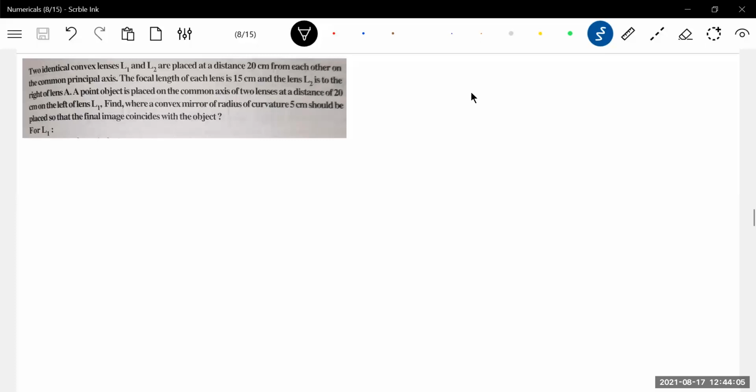This will be initial, very easy for you to recollect. Construct the diagram.